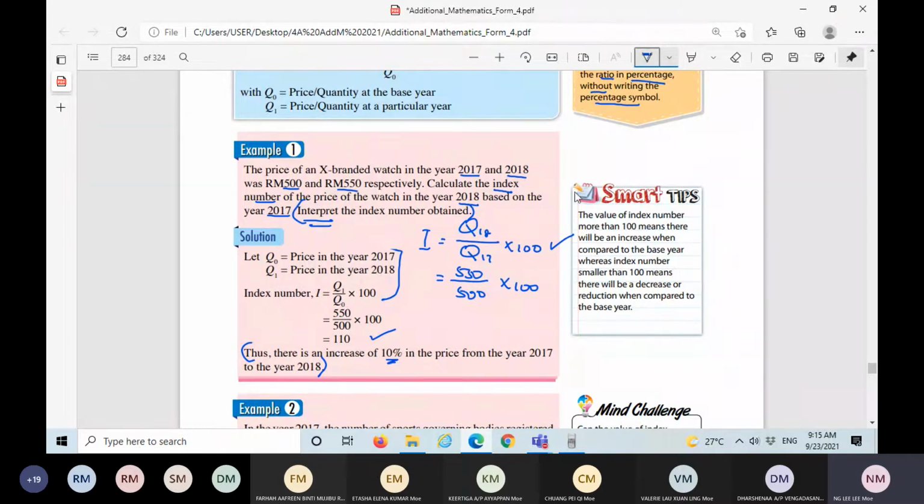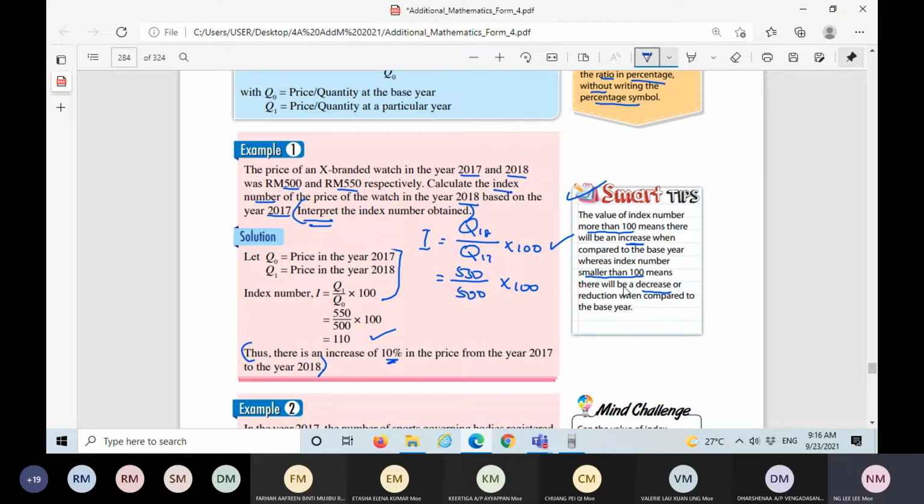Okay, let us look at this. If the value of an index number is more than 100, it means there is an increase when compared to the base year. So more than 100 means increase. Whereas an index number smaller than 100 means what? Decrease, or reduction, when compared to the base year.